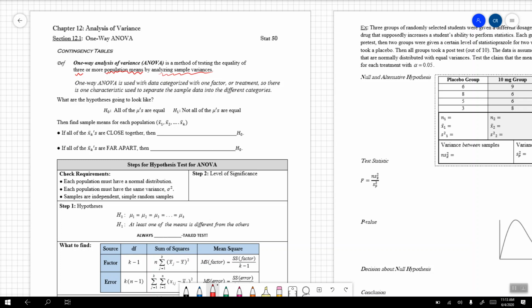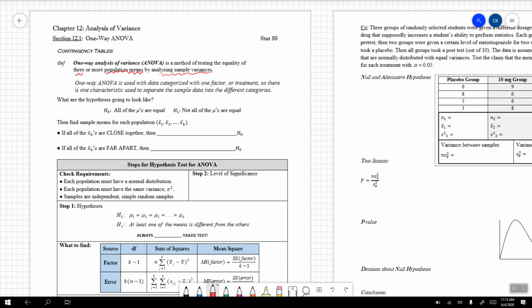So what we're looking for here, again, is to look at each individual sample and calculate the sample means. For these, they're all going to be x bars. X bar sub 1 means we took the mean of sample 1, x bar sub 2 means we took the second sample's mean, and so on and so forth.